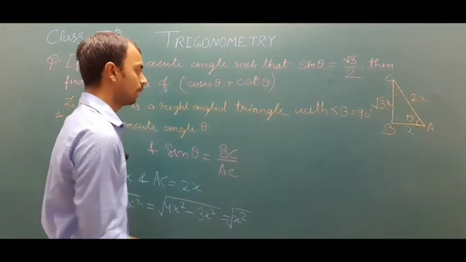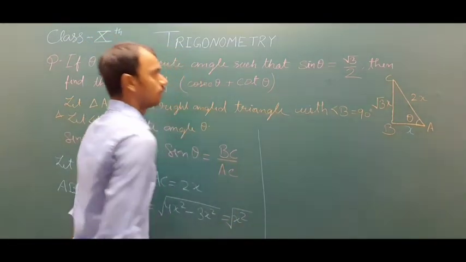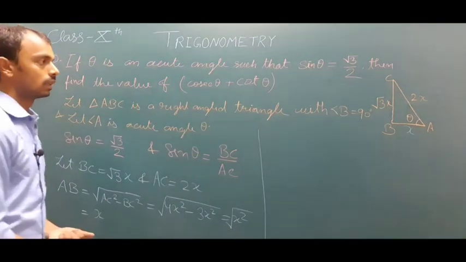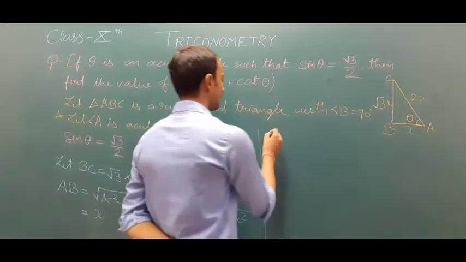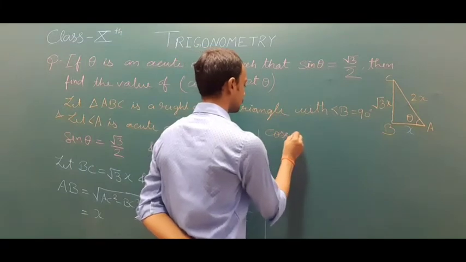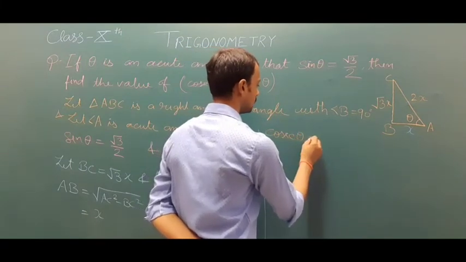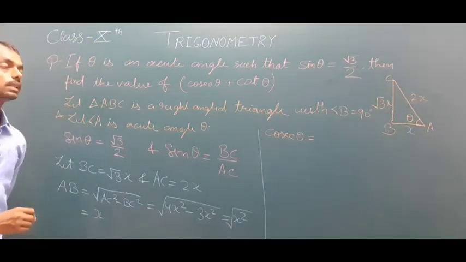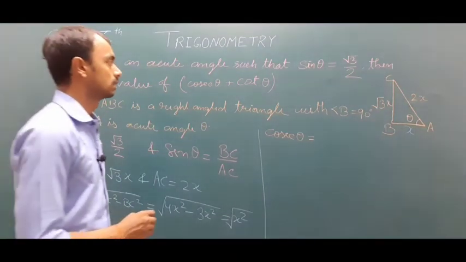Now what we have to find? We have to find cosec theta plus cot theta. First of all, we will calculate what is cosec theta. What is cosec? Cosec is inverse of sine.